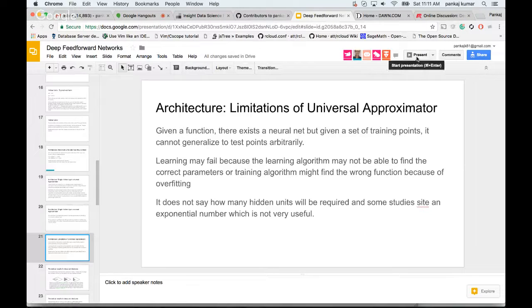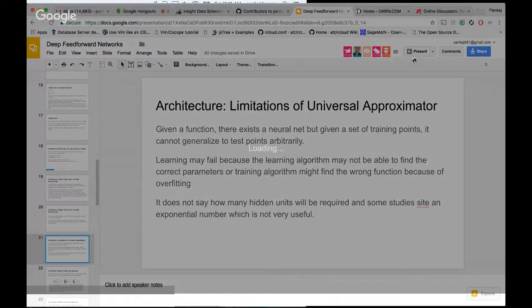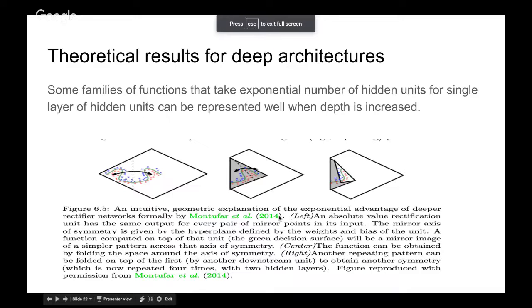Sure. So this is a really nice picture representation. Now the author is explaining why depth is required. The universal approximation theorem says a single layer is sufficient, but now he's asking why you would need multiple layers.